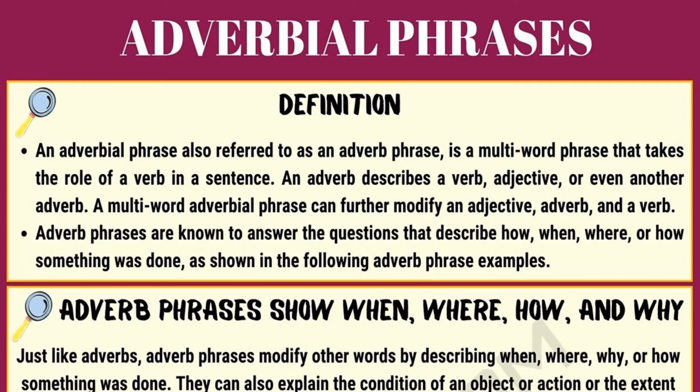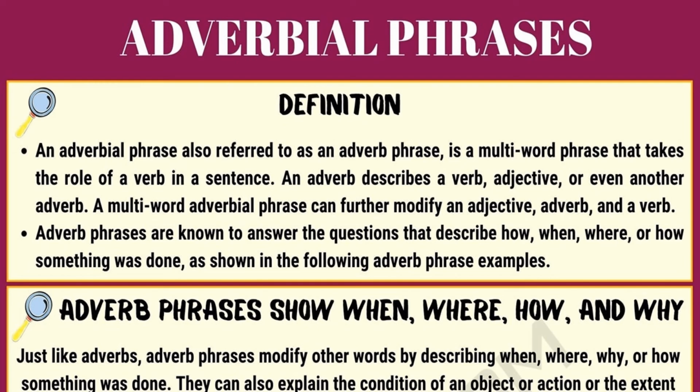The next part of the phrase is adverbial phrases. Now, when we talk about adverbs, we ask the question how. Same goes with the phrases as well. Now let's read out. An adverbial phrase, also referred to as an adverb phrase, is a multi-word phrase that takes the role of an adverb in a sentence.